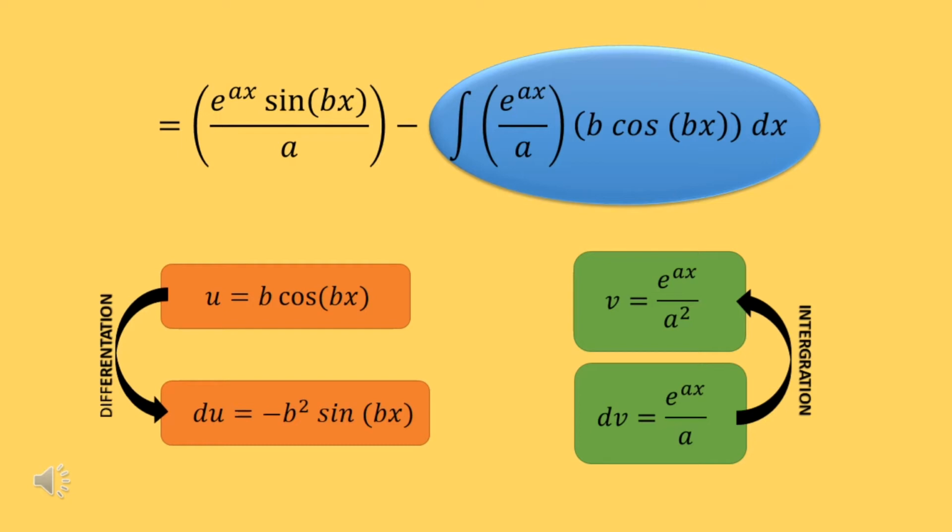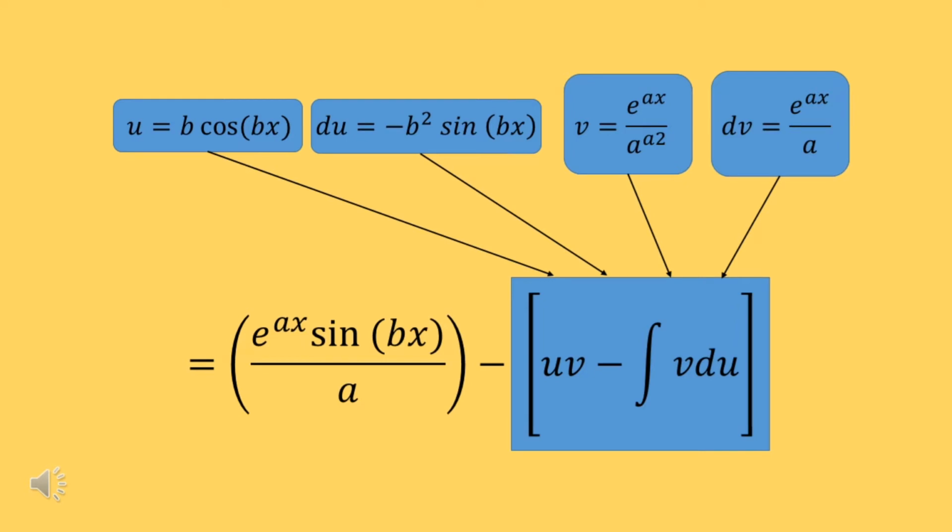So we find u, which is b cos bx, and we differentiate it, it will be du equal to negative b square sine bx, and we find dv equal to exponent ax over a, and we integrate, it will become v equal to exponent ax over a square.